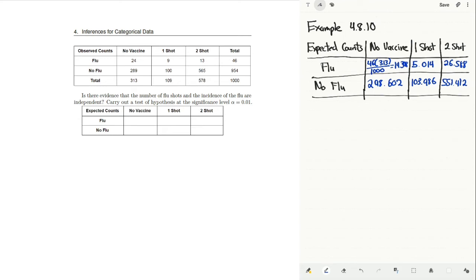So now let's write down the hypotheses for the test. The null hypothesis for the test of independence is to assume that the two categorical variables are independent. So in this case, the number of flu shots and the incidence of the flu are independent.